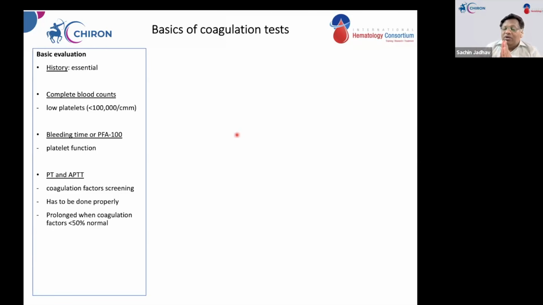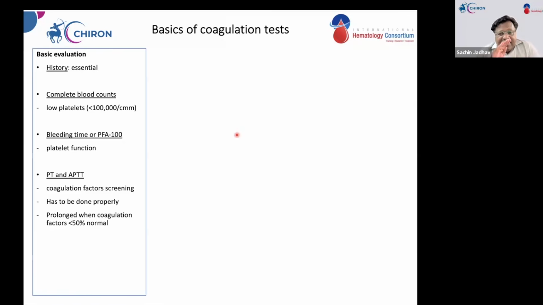So as long as any coagulation factor, factor 8, factor 9, is more than 50%, which is enough for survival, we call it normal. And even the tests are designed in such a way that PT and APTT will start getting prolonged only when the coagulation factors go below 50% of normal. That's how the tests are designed.